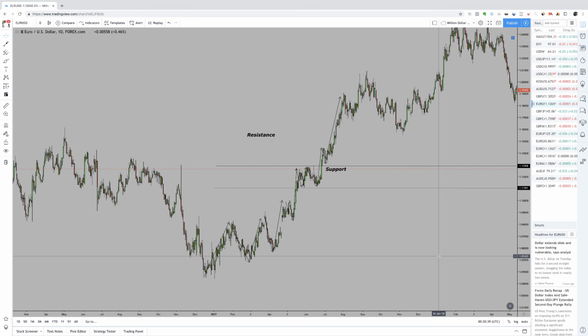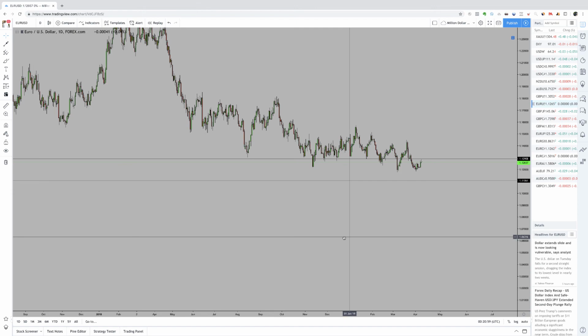Remember, in a bullish trend, if you are trying to do a trend continuation trade, you are going to buy at support areas. In a bearish trend, if you are going to trade with the trend, you are going to sell at resistance areas.